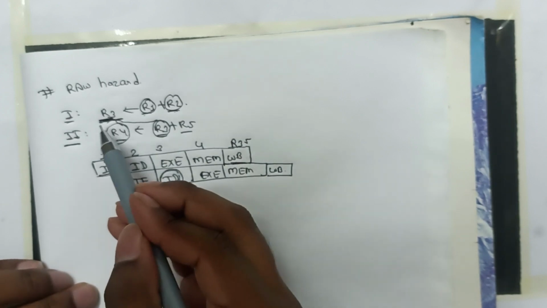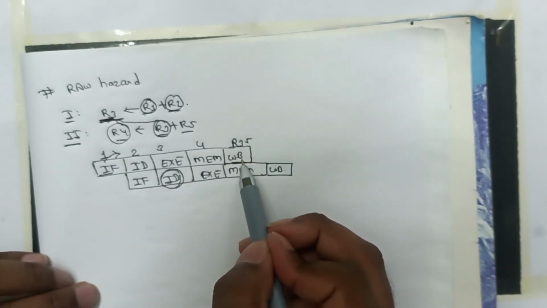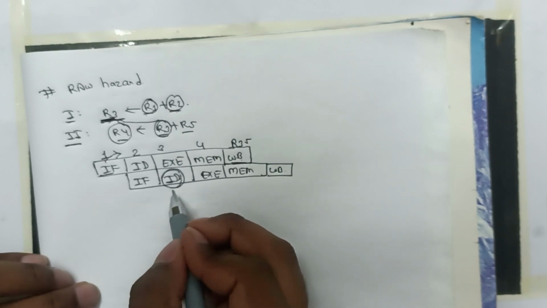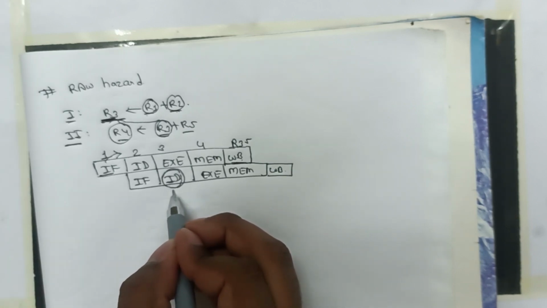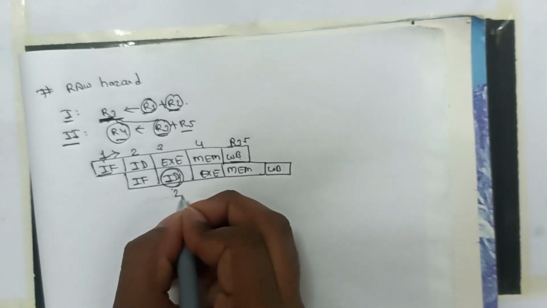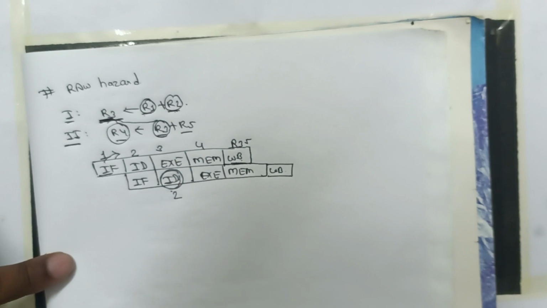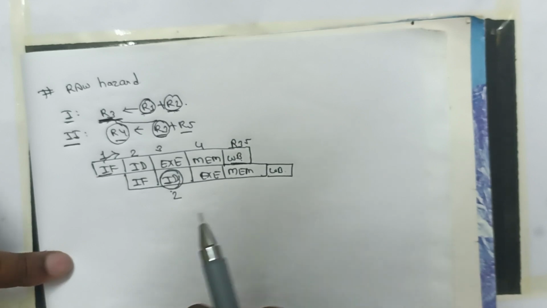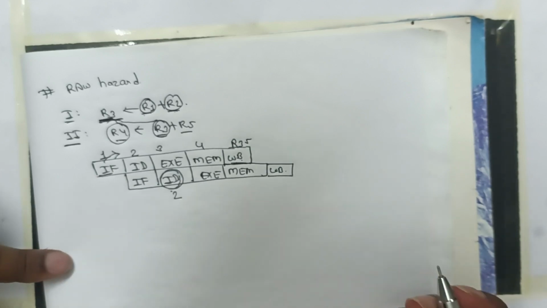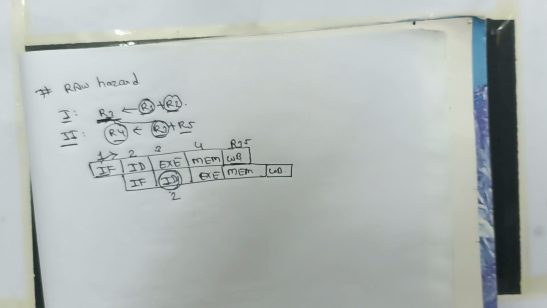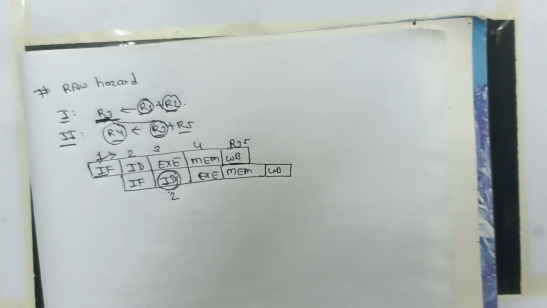We will get the value of our updated R3 in clock cycle 5, but we are decoding, which means we are taking the value of R3 in clock cycle 2. It means we are getting the old value, and that is called the RAW hazard. There are different solutions like stalling, operand forwarding, and reordering to remove the RAW hazard. For now, this is the RAW hazard.